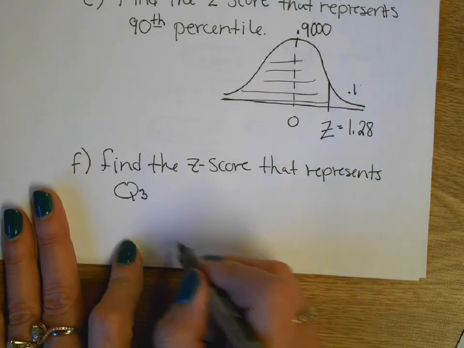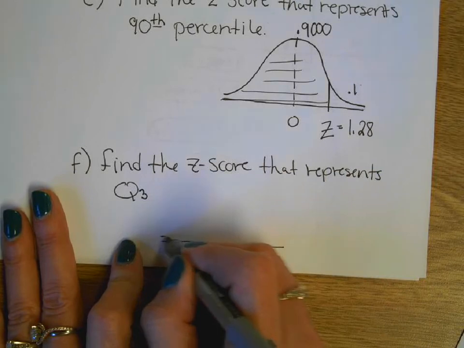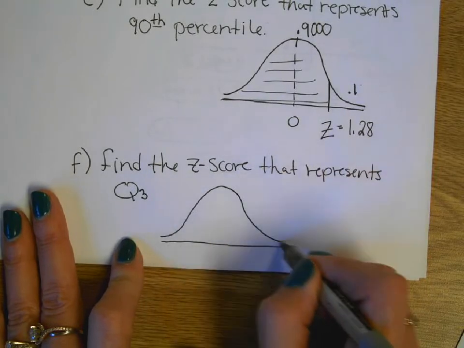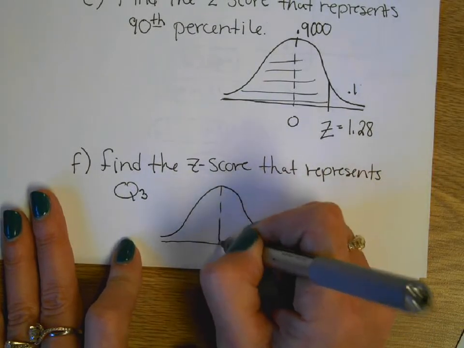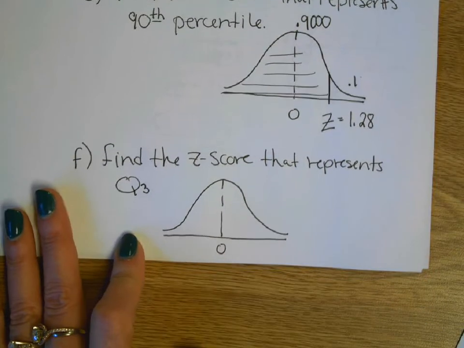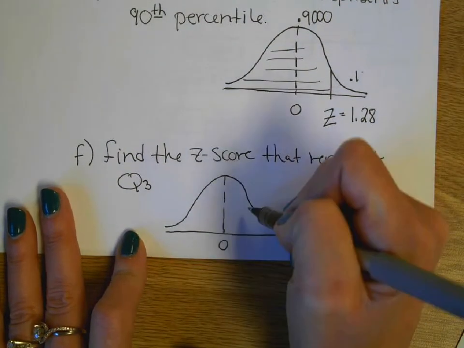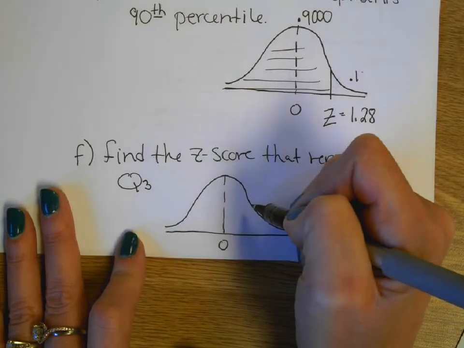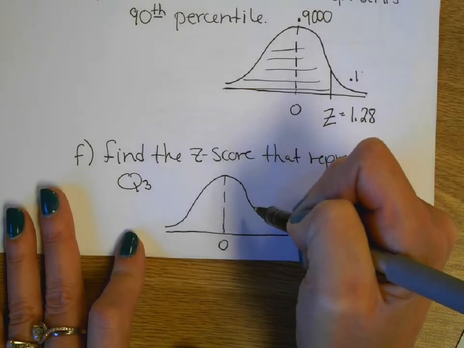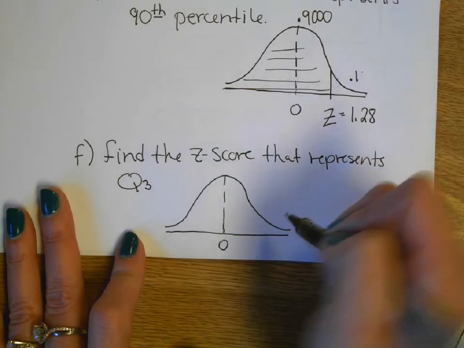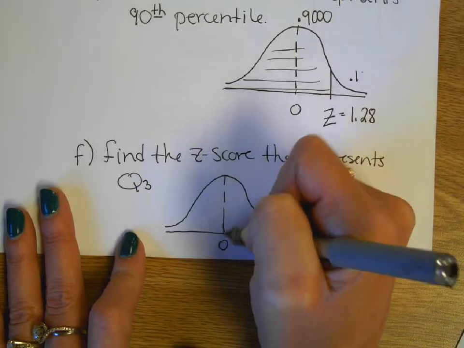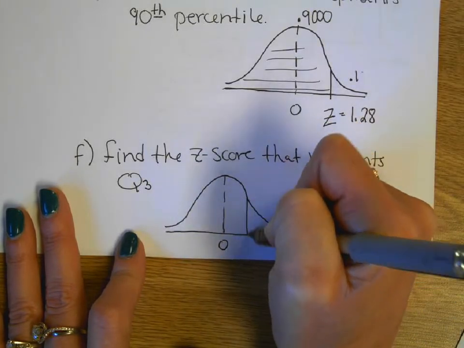What does that mean? 75% behind you, 25% in front of you. So where are you at? Positive or negative z-score? Positive, because there's 75% behind you. If I'm right here, there's 50% behind me. Okay, 75%, I'm somewhere over here.